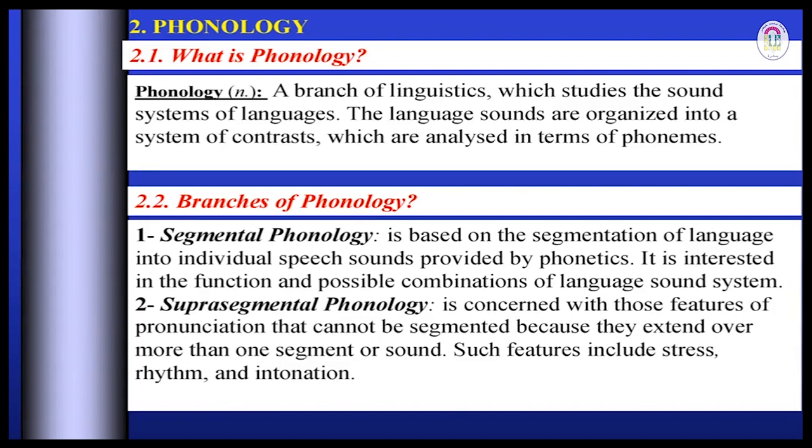Branches of phonology. In phonology we have two branches, segmental and suprasegmental. The segmental phonology is based on the segmentation of language into individual speech sounds provided by phonetics. It is interested in the function and possible combinations of language sound system.